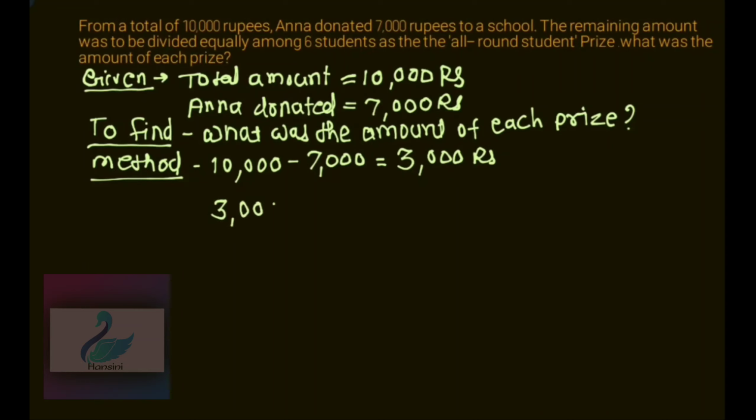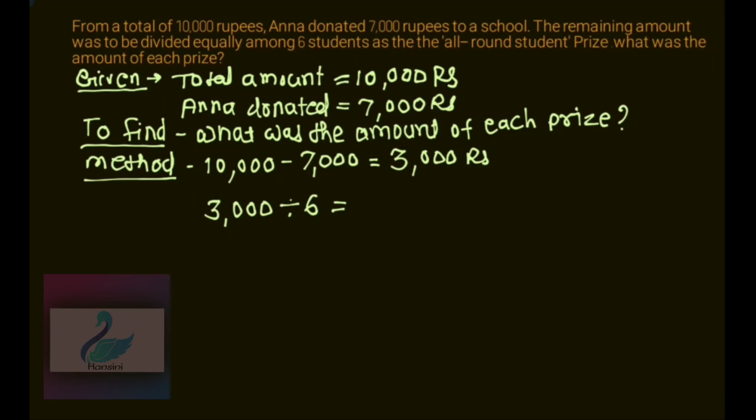So now I get the answer as 500. So 3000 divided by 6 is 500. So now I got the final answer as 500. Now I will write the final answer: 500 was the amount of each prize.